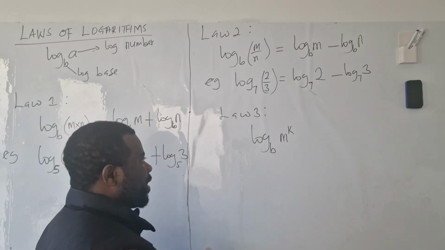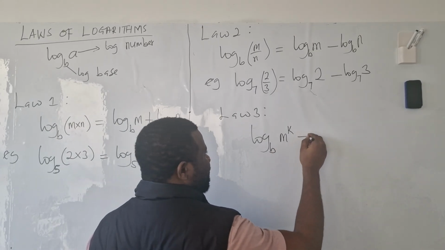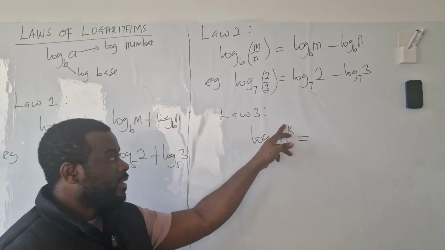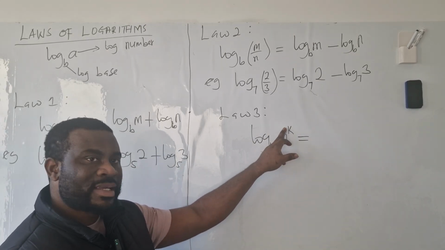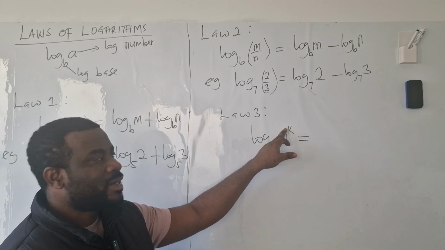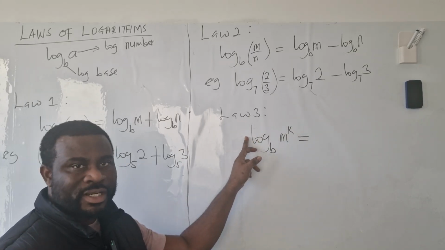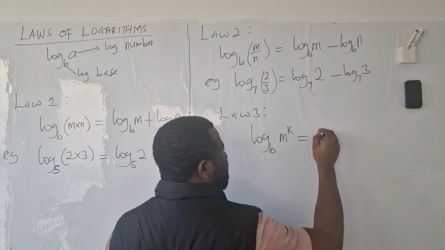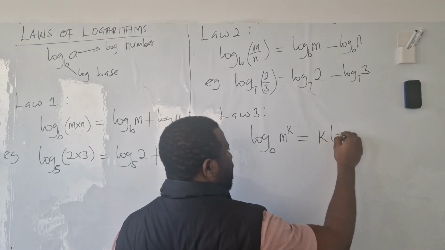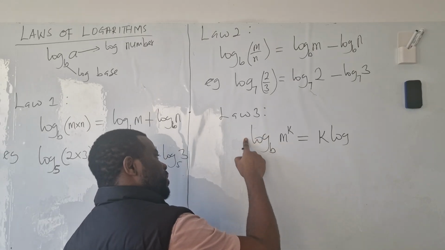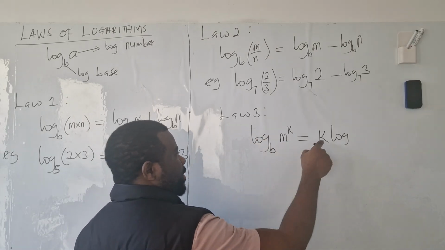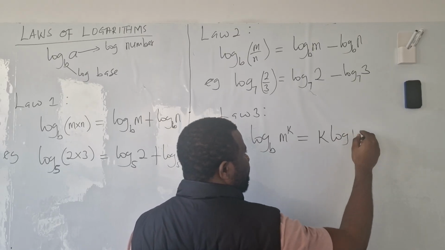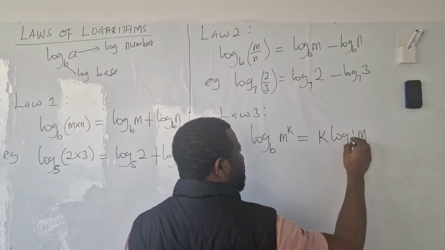Now the law says that you can write this one, log of an index number, as, now you know once an index number has a power, the law says that we can move the power to become a coefficient of the log. So k will move to become a coefficient of the log as k log of the number m to the base b.